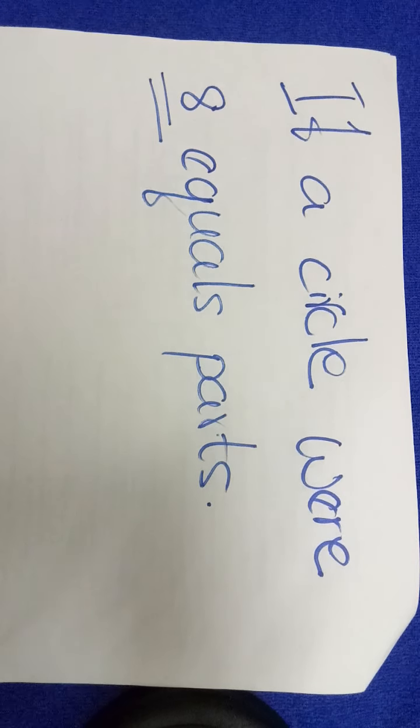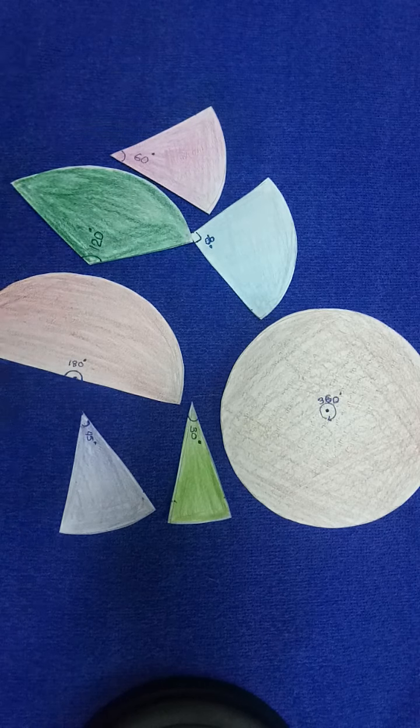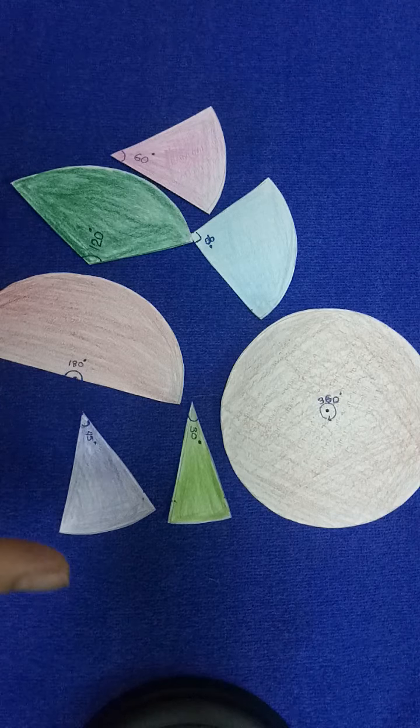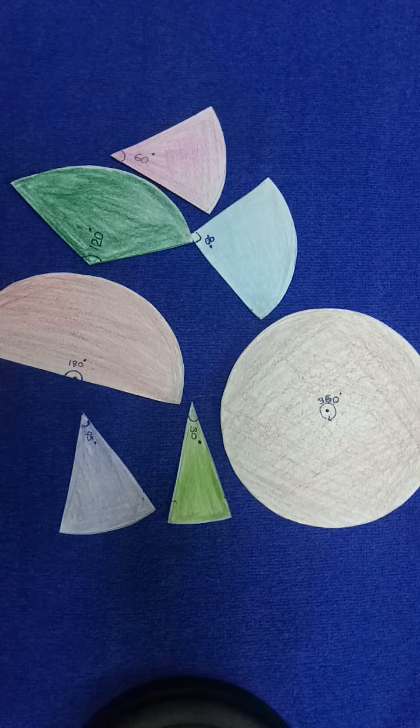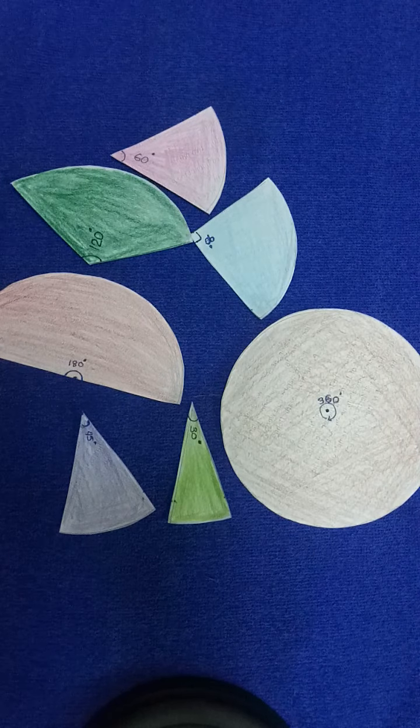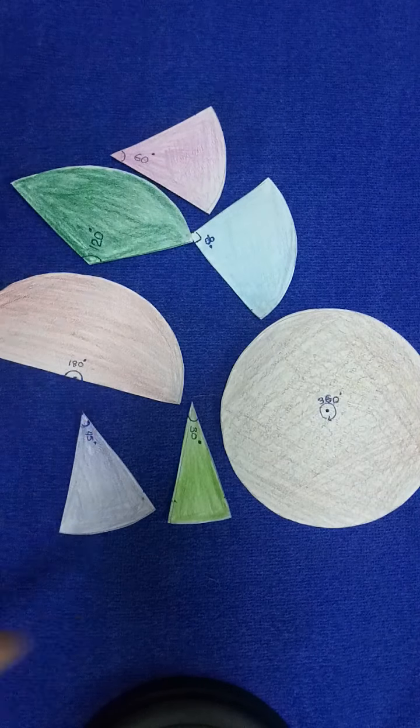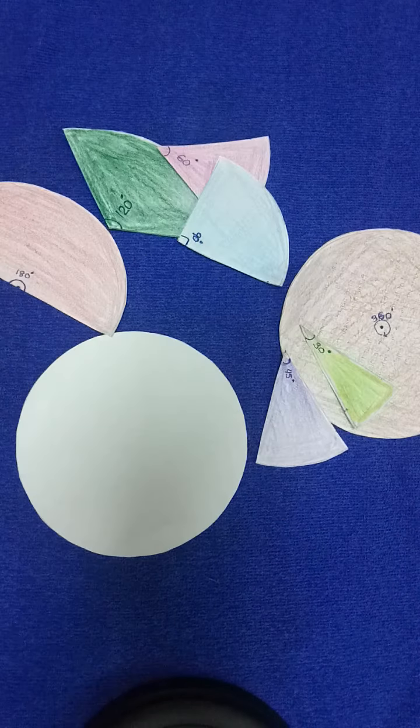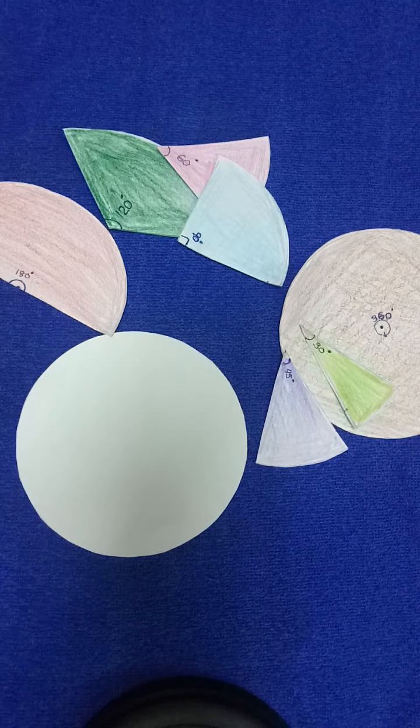For the second activity, the first question is, if a circle were divided into 8 equal parts. Let's find out 8 equal parts. On this page, which one will be 8 equal parts in a circle? I need a pen and a ruler.